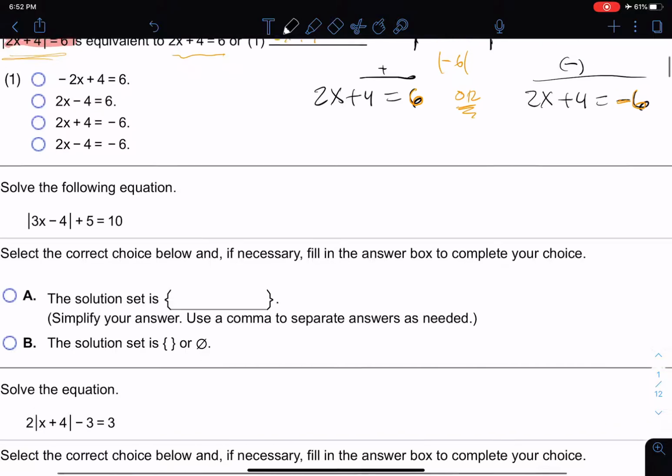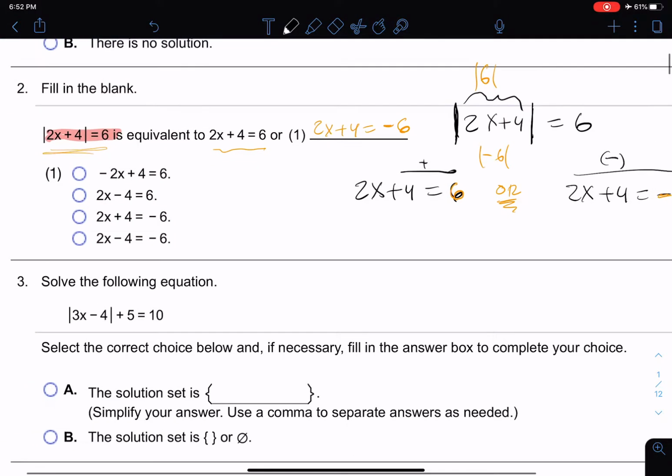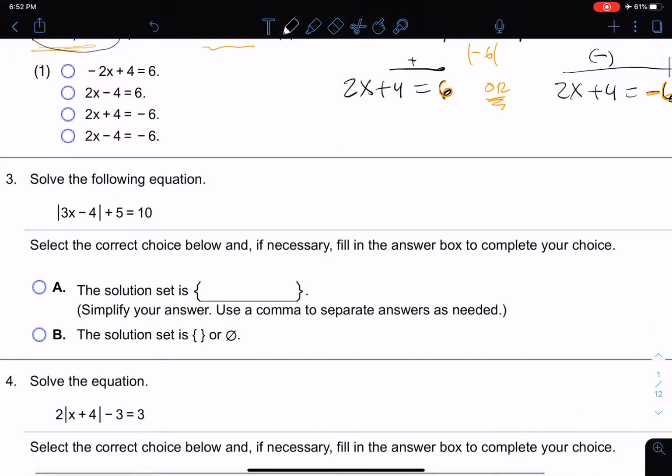Now, before we actually translate this into its equivalent like we did in the last problem, where we took the problem with the absolute values and rewrote it into its two equivalent positive and negative equations, right? Before you do that, what you need to do is always isolate the absolute value.